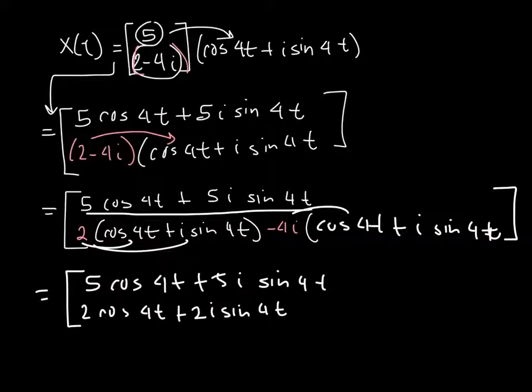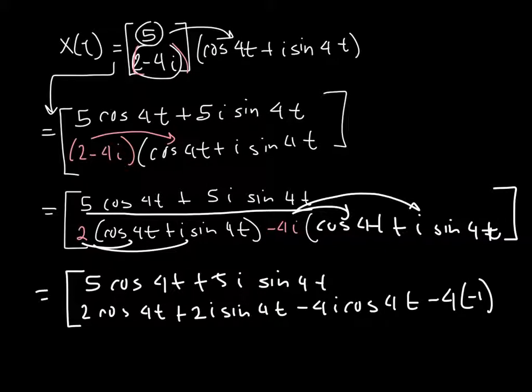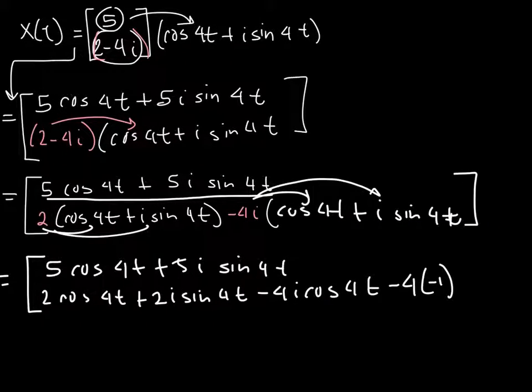And now I'm going to distribute this negative 4i. So I get negative 4i cosine 4t. And then I get negative 4 times i squared, which is really negative 1, times sine 4t.